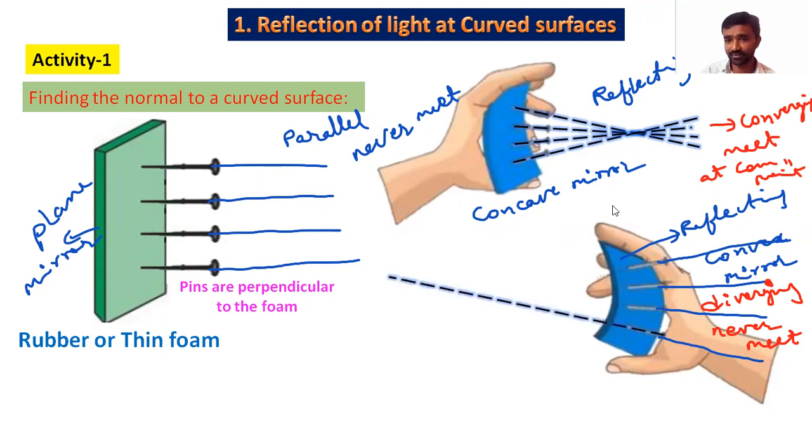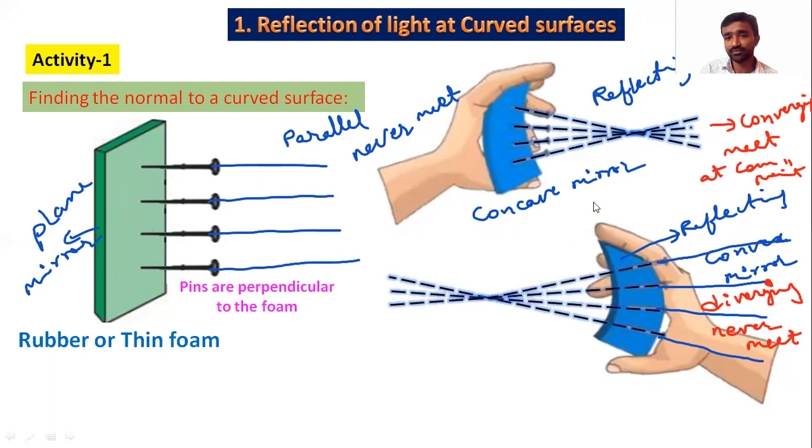See here, in the backward direction, I am extending the line. So in this case, what happens? Here also we can see they coincide with each other at a common point. Are you clear?